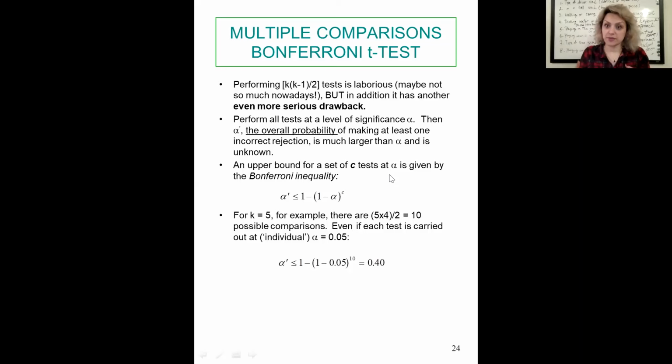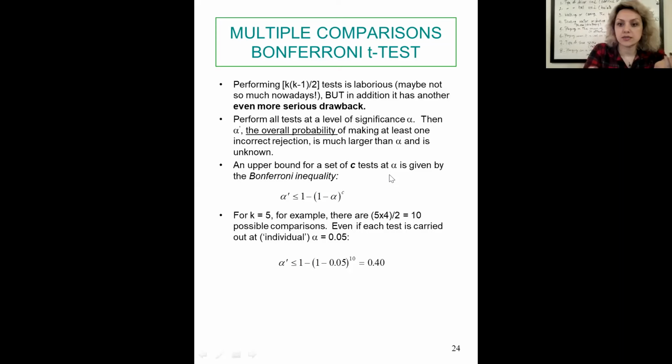Even if each test is carried out at an individual alpha equal to 5%, alpha prime, based on the Bonferroni inequality, is less than or equal to 1 minus (1 minus 0.05) to the power c, where c is k times (k minus 1) divided by 2.